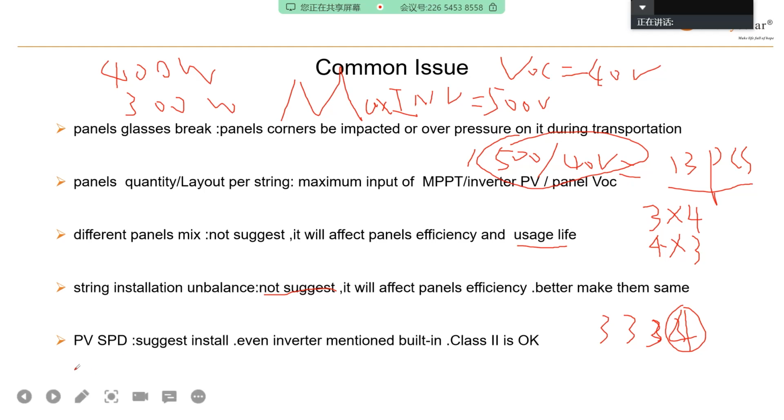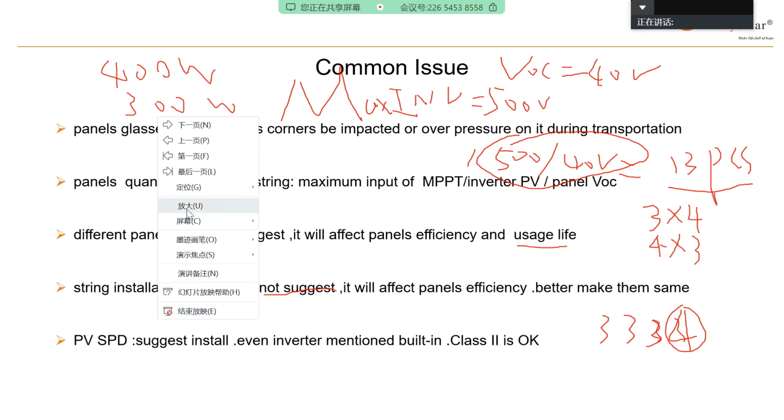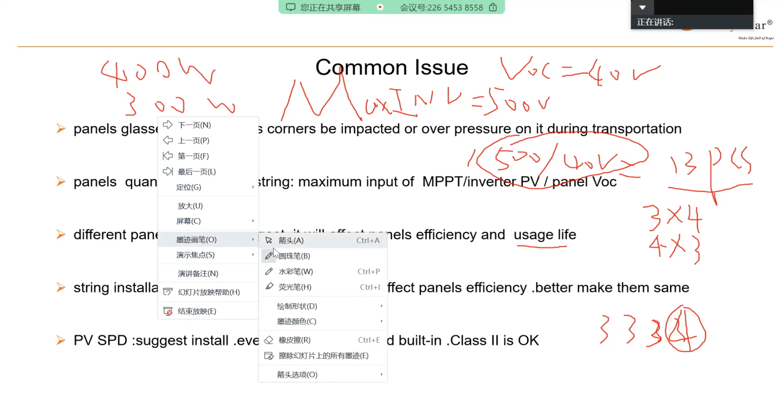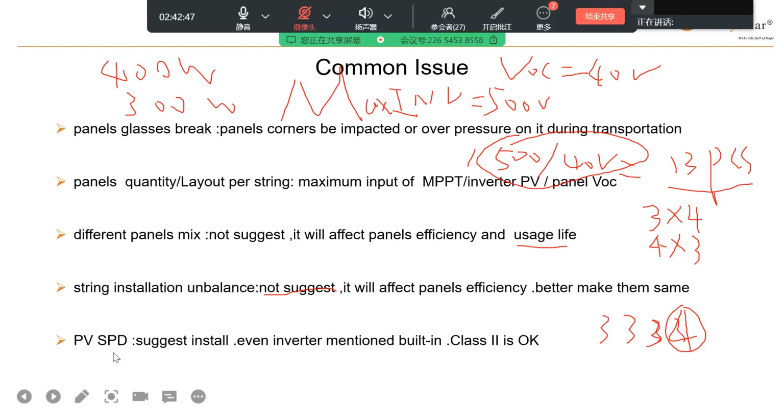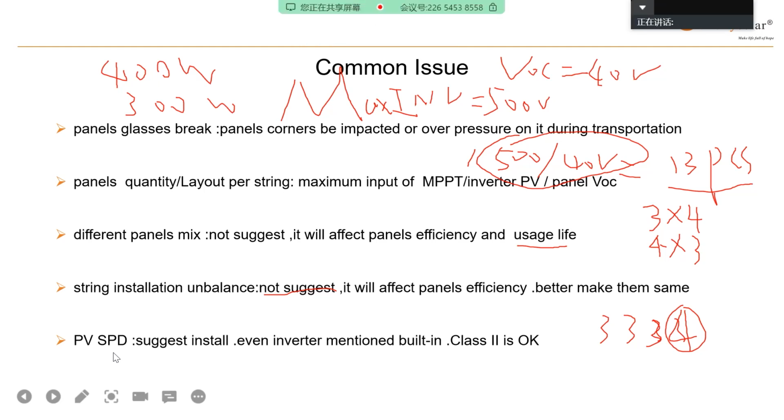The last one is the PV SPD. Recently, some installers ask, should we install the PV SPD or the AC SPD?